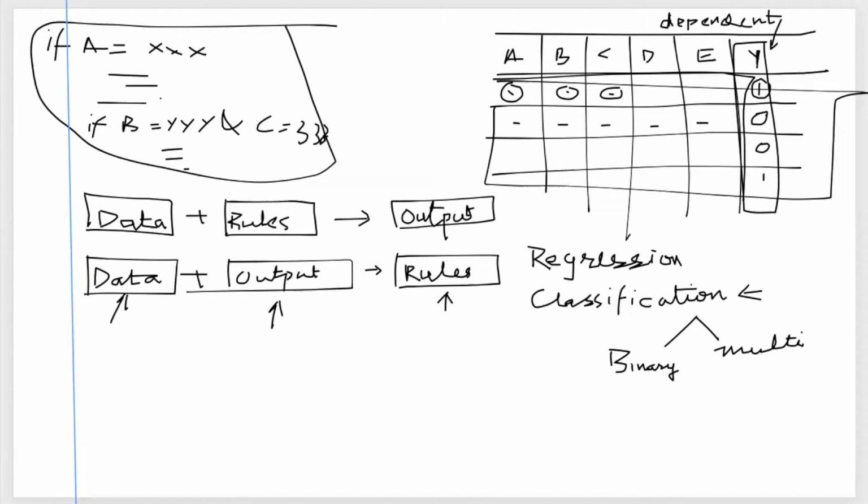But the problem you are talking about, Senthil, of how many people came between 7 to 7:30 or 9 to 9:30, here my output variable is a continuous variable. It will be a number, maybe 10, 15, 20, 100, etc. This is a continuous variable.